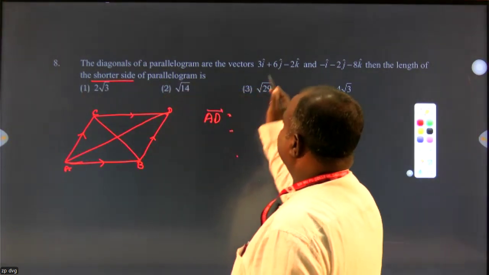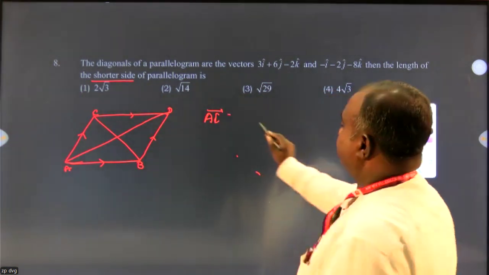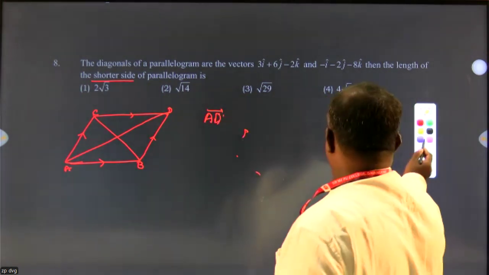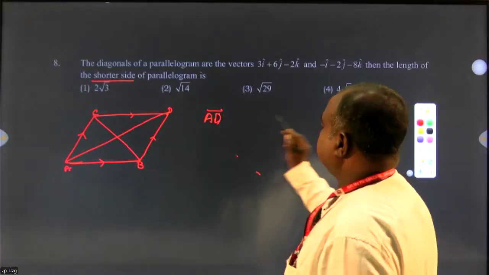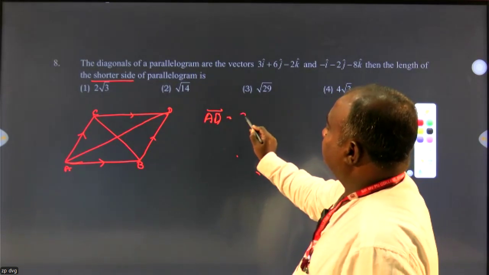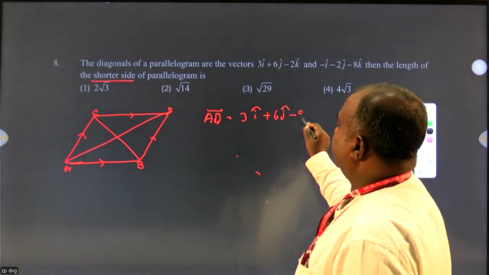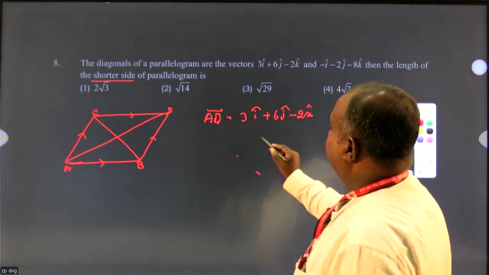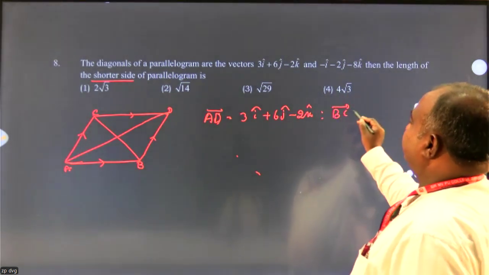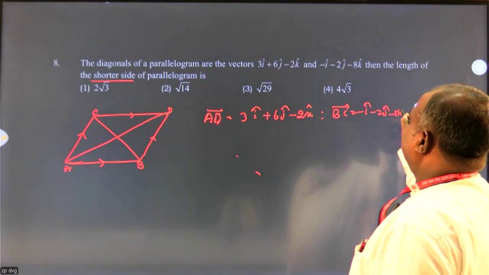AD bar is equal to 3i plus 6j minus 2k, and BC bar is given as minus i minus 2j minus 8k.